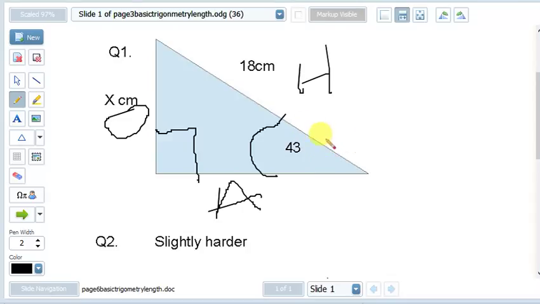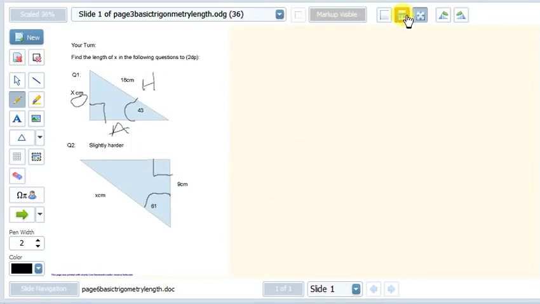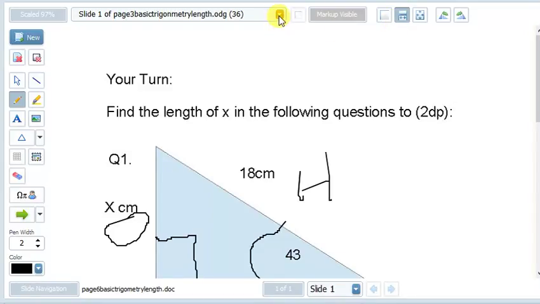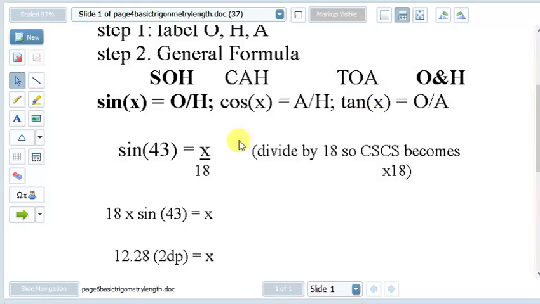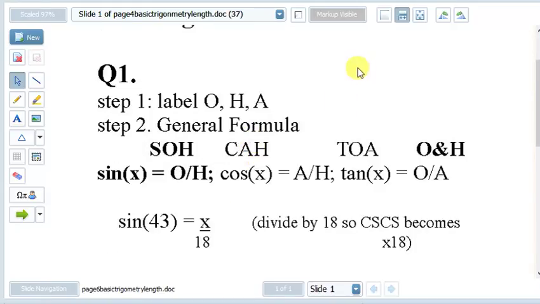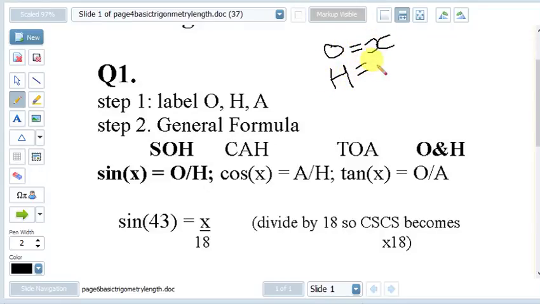So question 1, the hypotenuse is 18 and we're after O. So the hypotenuse was 18, and the opposite was x, and the angle was 43 degrees.